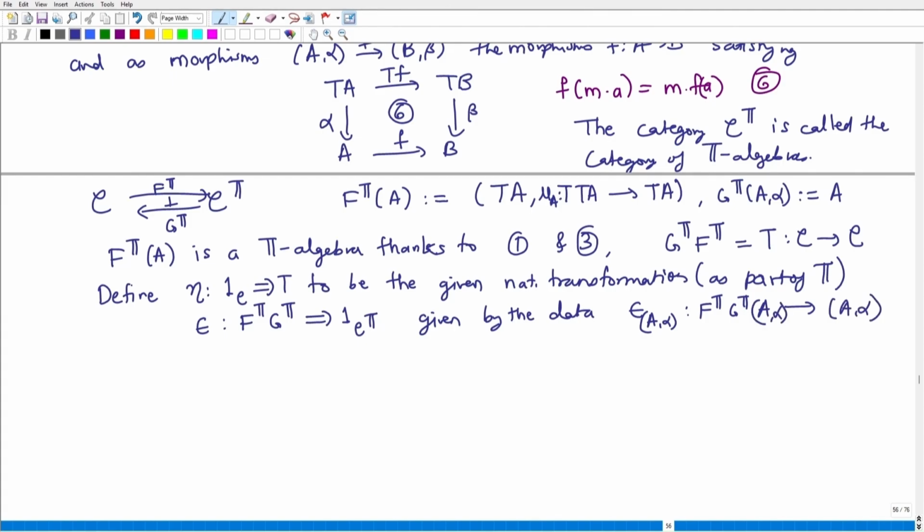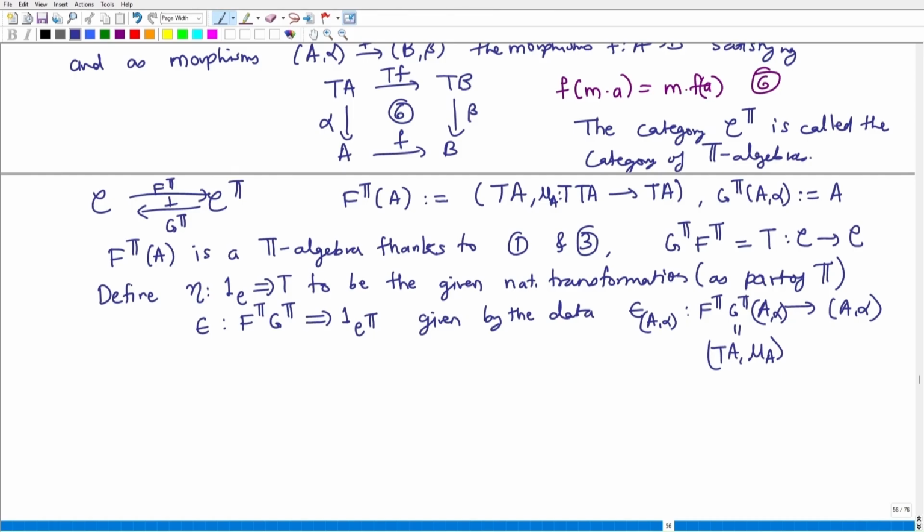We have to define it. What should be our definition? First of all, let's try to simplify this. You take A alpha, you forget alpha. This will be TA mu A. So from TA mu A to A alpha, can you define something obviously?